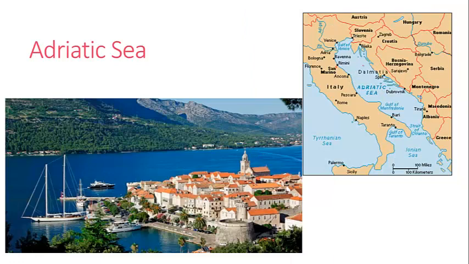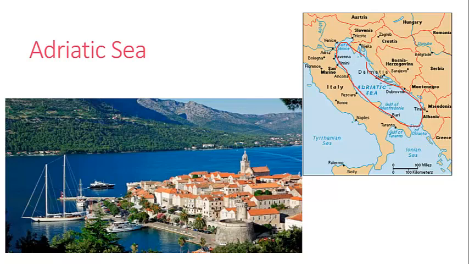Next, we have the Adriatic Sea, which is directly northeast of Italy. It encompasses all this area down here, but it doesn't go down to the south part of Italy. It just encompasses right here in the middle.